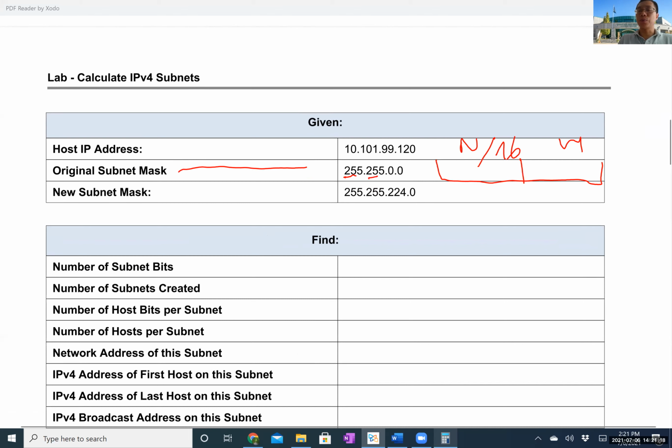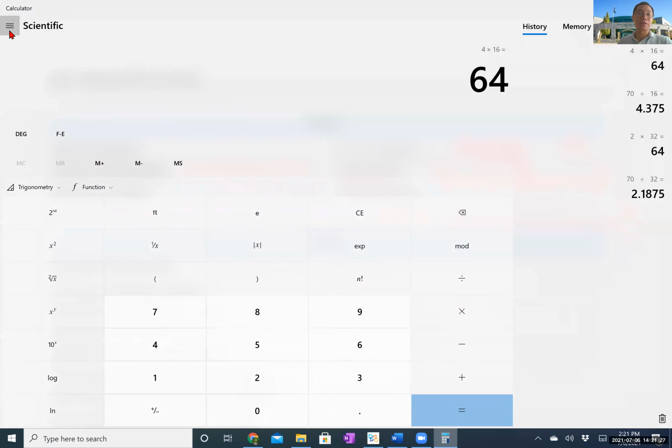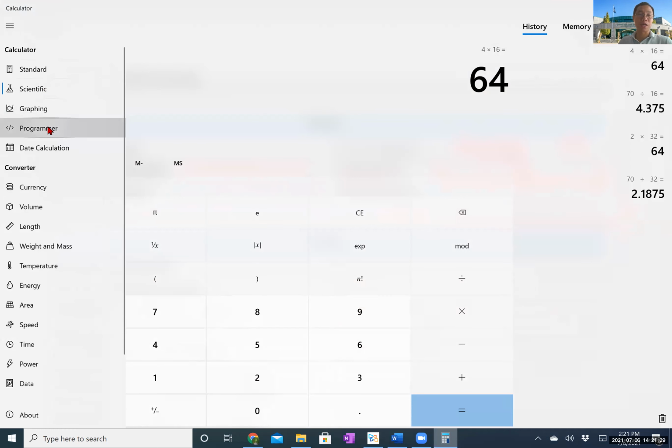With the 224, how many bits are in the network portion and how many in the host portion? Of course, you can use a calculator in programmer mode.